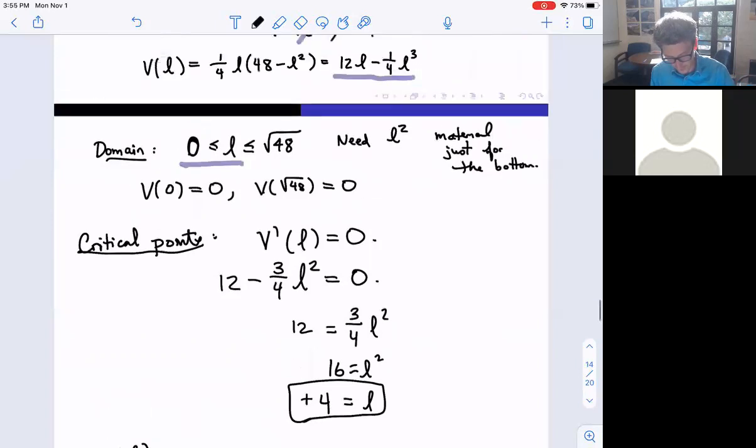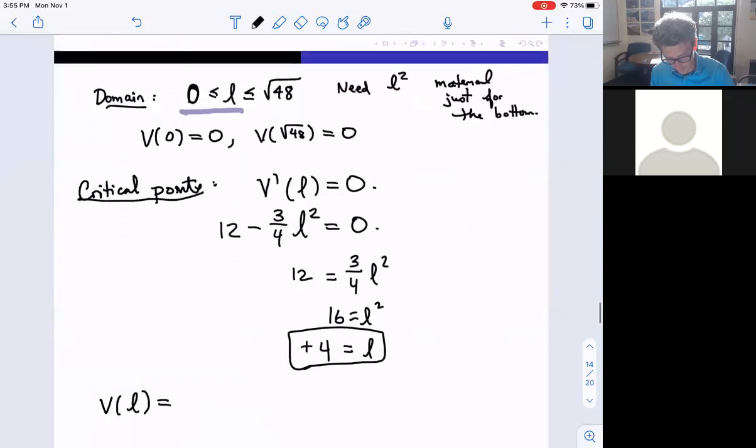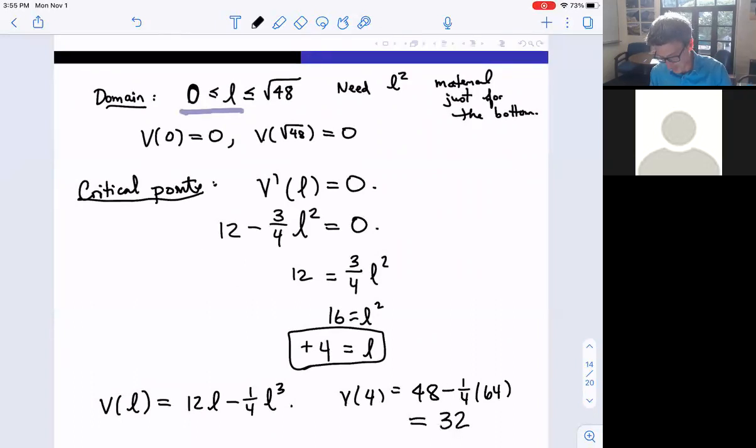Remember our V of L was 12L minus 1/4 L cubed. So if I plug in 4, I'm going to get 12 times 4, which is 48, minus 1/4 times 64, which is 16, which at the end of the day is going to equal 32.